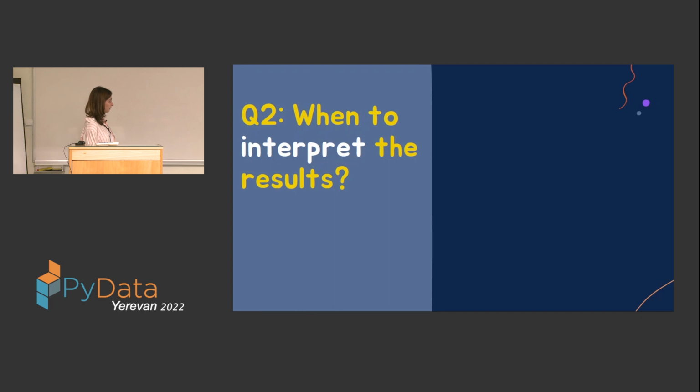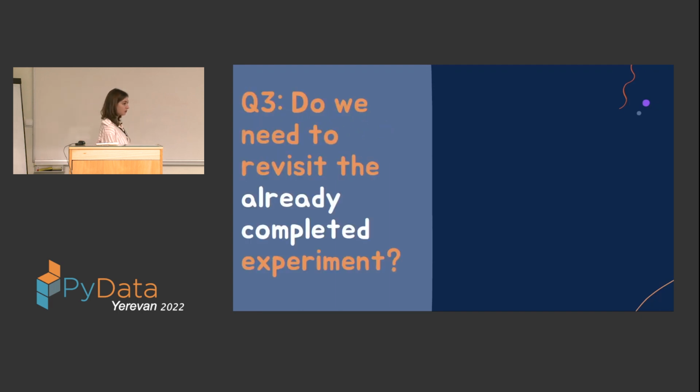Related to when to interpret the results: whenever you have enough sample size, you should stop. So, do we need to revisit the already completed experiments? This is a validation step.